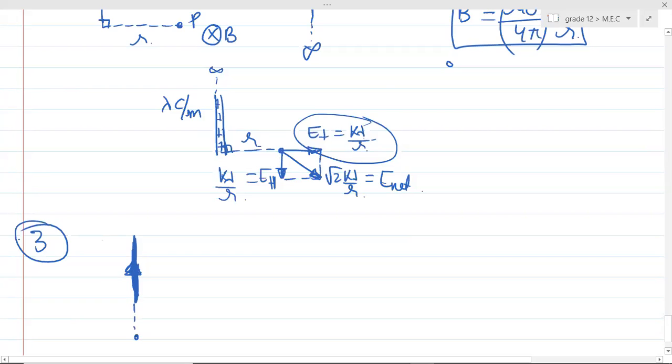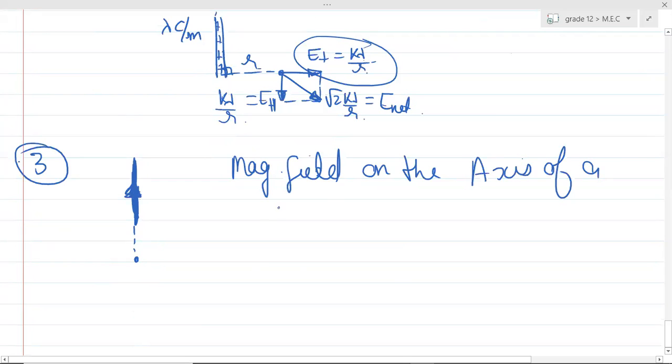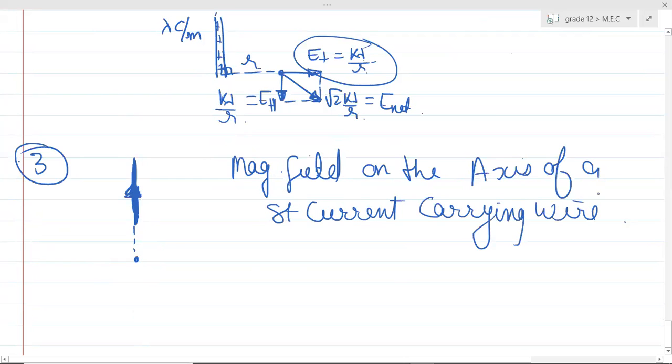If you have the point on the axis of this wire, when point P, or basically the magnetic field on the axis of a straight current carrying wire, it's 0, right? It is 0.